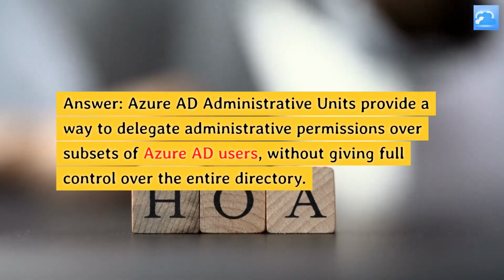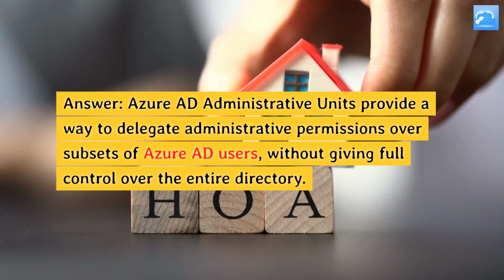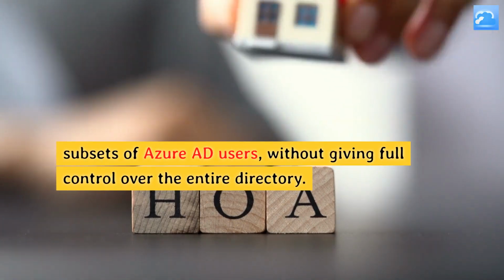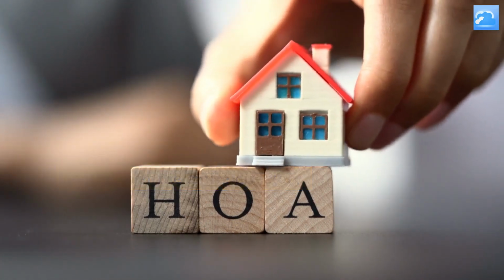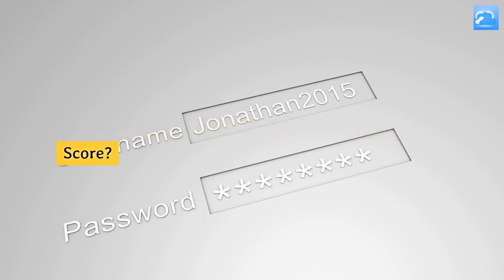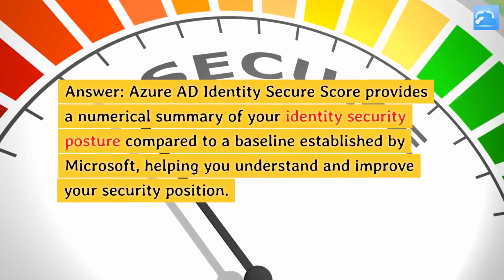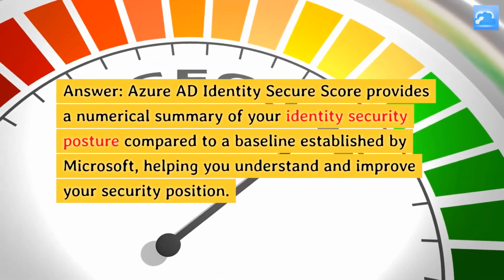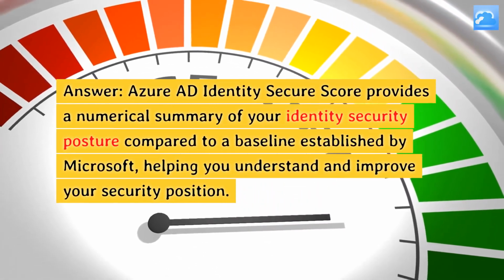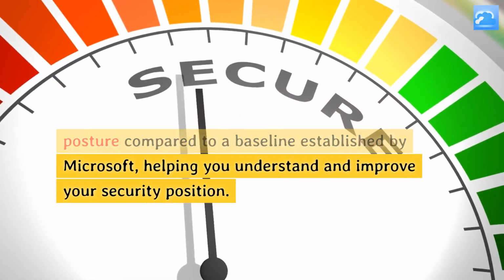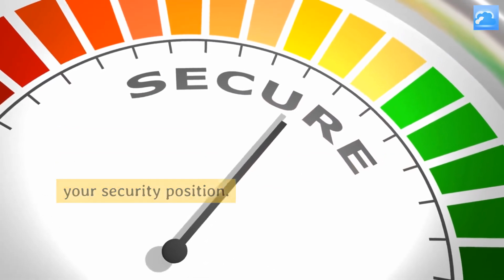Answer: Azure AD administrative units provide a way to delegate administrative permissions over subsets of Azure AD users, without giving full control over the entire directory. Question 37. What is Azure AD Identity Secure Score? Answer: Azure AD Identity Secure Score provides a numerical summary of your identity security posture compared to a baseline established by Microsoft, helping you understand and improve your security position.